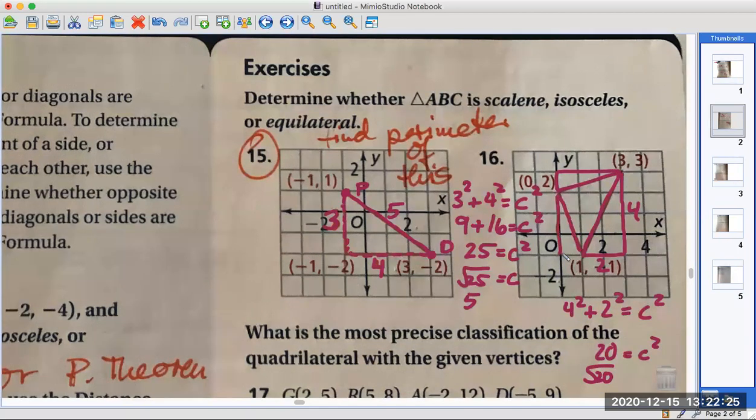And you'd have to do that 3 times, and then you'd have each leg length, and then you could find the perimeter. But without those right triangles, you cannot use the Pythagorean theorem. So I'm not giving you this one. I thought I'd give you this one since we already have the right triangle to look at.